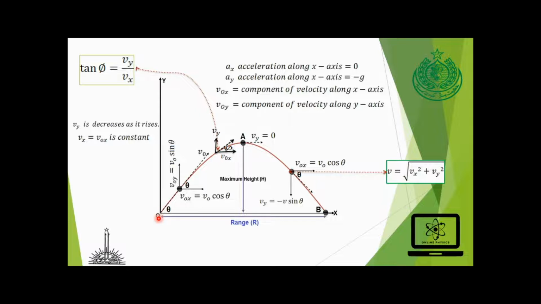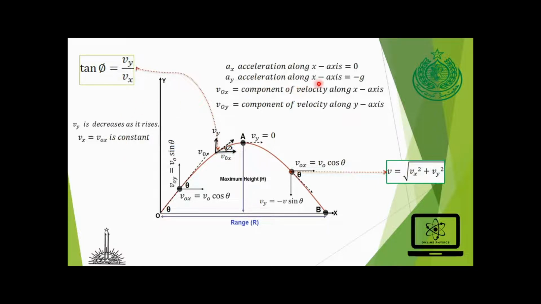The x and y components of v naught, as we did in the previous slide, are v naught x equals v naught cos theta and v naught y equals v naught sin theta. Ax, the acceleration along the x-axis, is 0 because no horizontal force acts along the x direction. So the horizontal velocity component retains its initial value throughout the flight. Vx equals v naught x is constant at any instant.